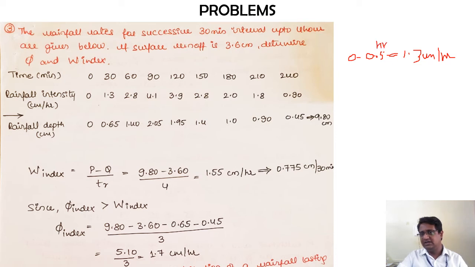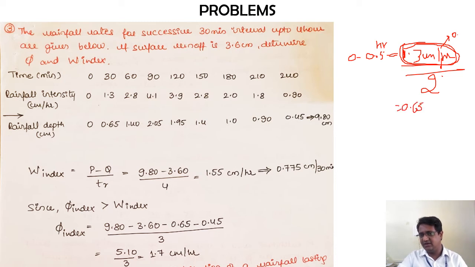This value is for one hour, but I need it for half an hour. So I'll divide it by 2, because I want to make it half. So 1.3, half of that is how much?